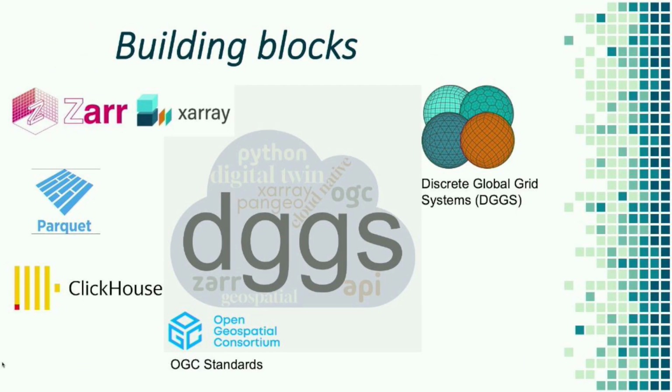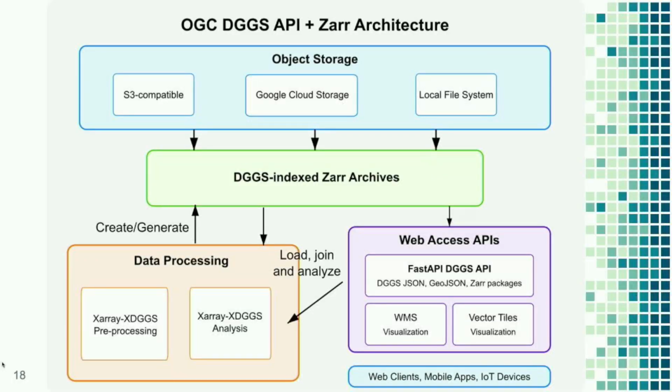And this is only a standard, right? But if we put these things a little bit together in the big picture, now building blocks, let's say we have things like Parquet, cloud optimized formats, Zarr. We can put them into buckets somewhere, into some cloud storage, and then these are DGGS indexed archives, so the pixels can be nicely queried based on partitioning schemes.